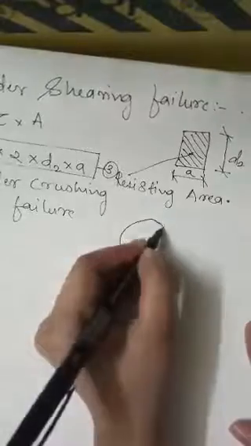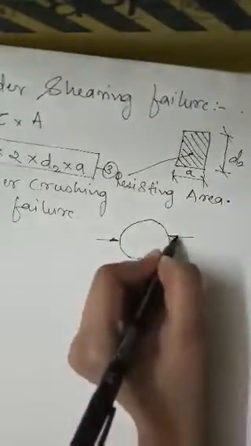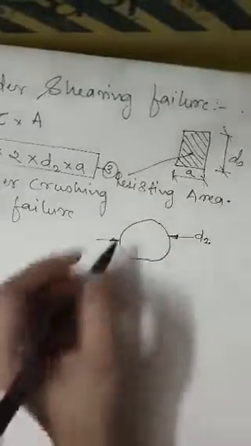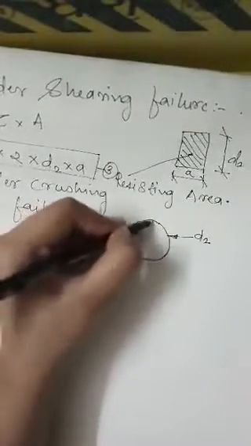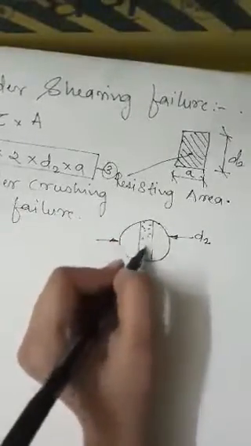So let's check its 2D diagram. How will it come? Take this diameter as D2, and this is the hole where the crushing will appear.